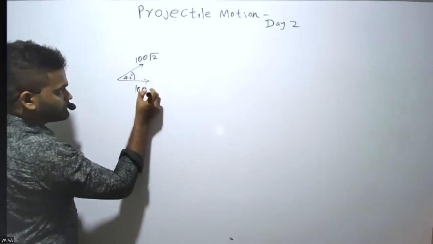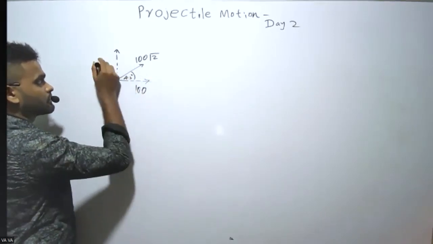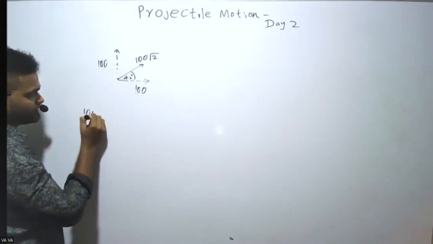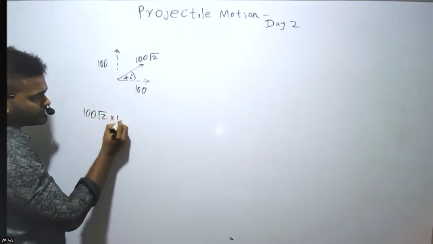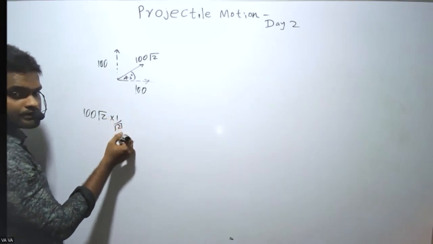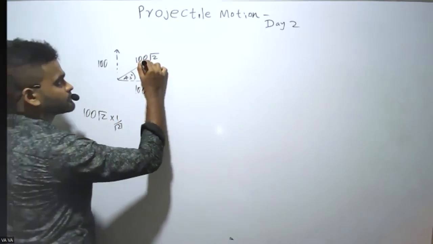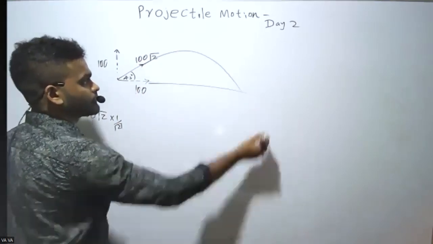So this is 100, this also is 100. Because 100 root 2 times cos 45 is 1 over root 2, and sine 45 also is 1 over root 2. So for both you will get 100.